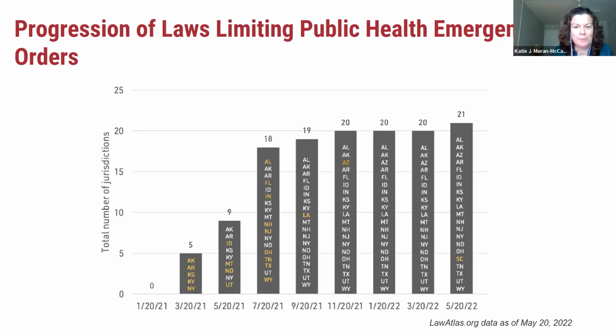So, for example, if you look at the second bar here, you can see that Idaho, Montana, North Dakota, and Utah all enacted laws that became effective between March 20th and May 20th of 2021. So this just gives you a sense of the rapid movement in enacting these laws in the spring and summer of 2021. Next slide.